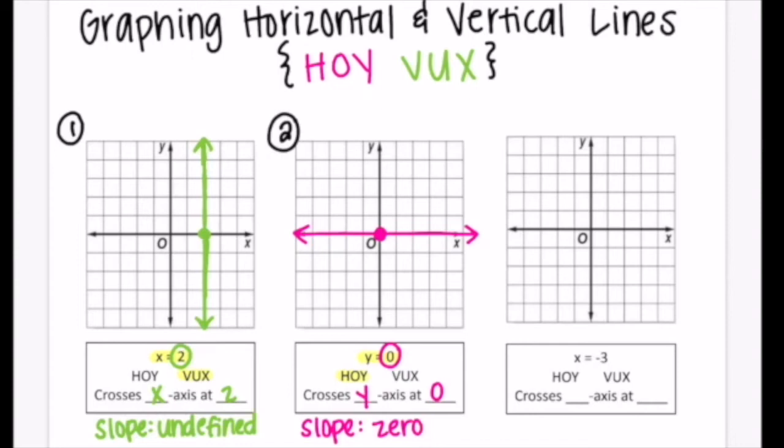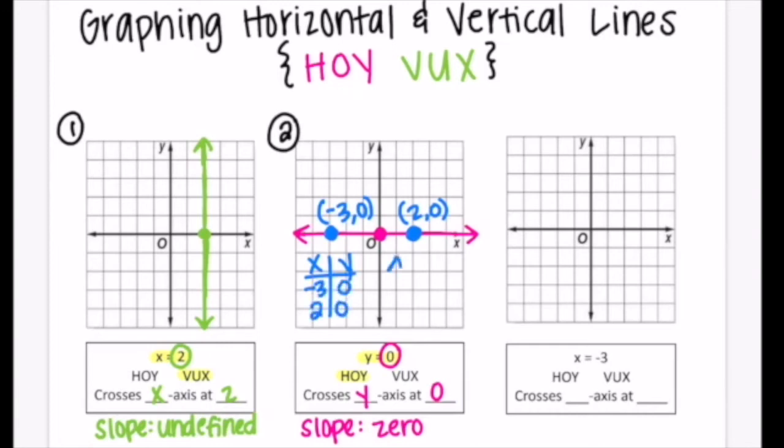But I want you to understand why that slope is 0. So if I pick 2 points and just make a quick table, all right, so this is the point -3, 0, and this is the point 2, 0. So -3, 0, 2, 0.